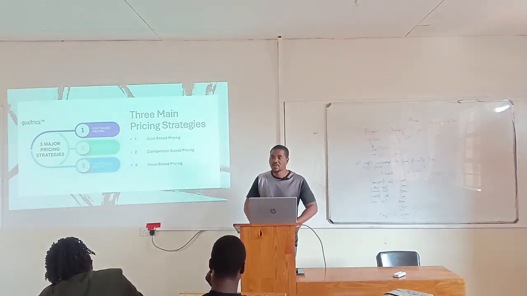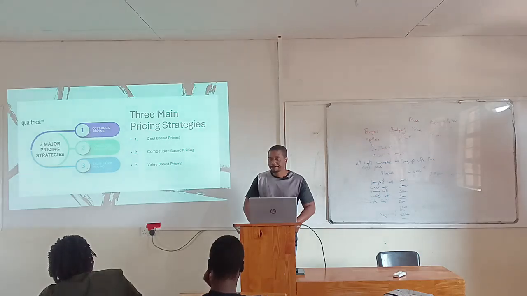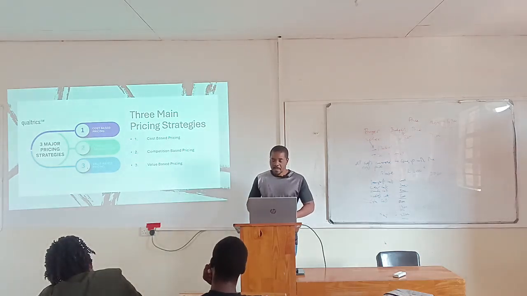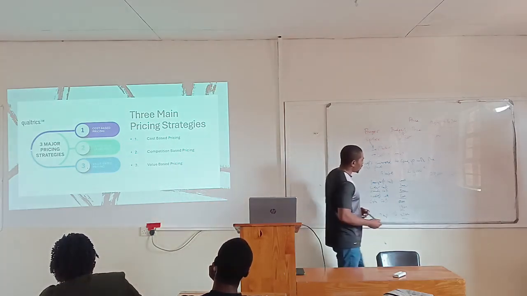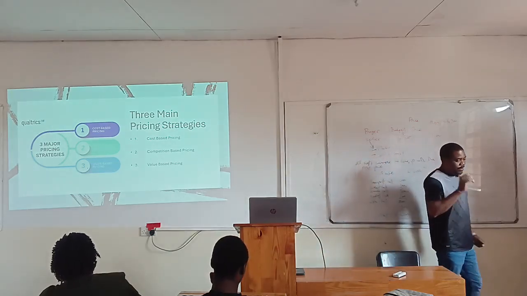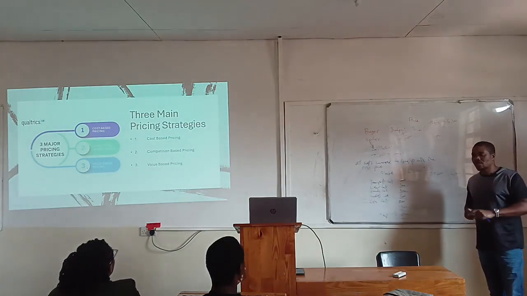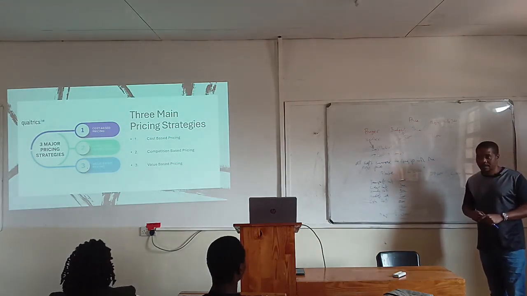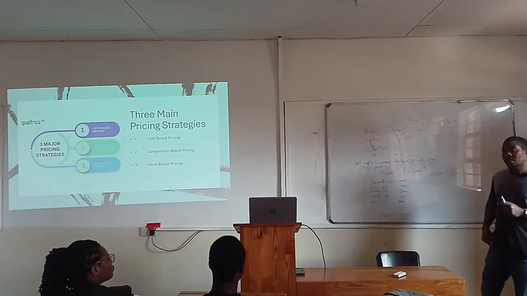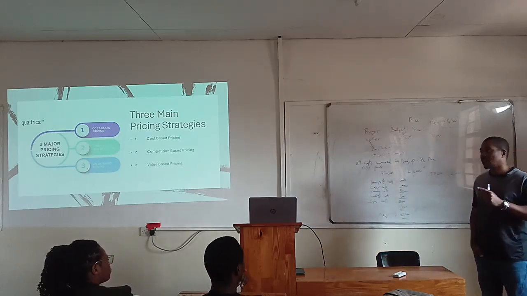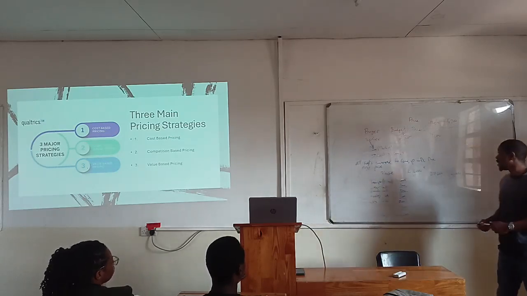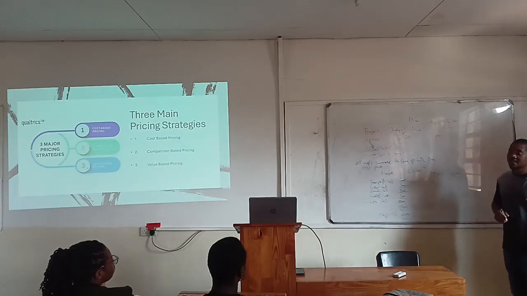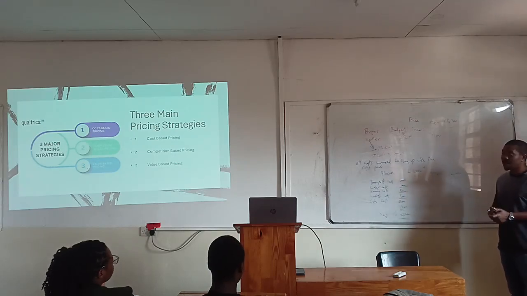Number two, competition-based pricing. So in competition-based pricing, what is going to happen is this now. Margaret will set the price based on the competition. Okay? She will set the price based on the competitors that are in that industry. So for instance, you already find that Sebastian is also in the same market and he's selling shirts, blouses, trousers and stuff.